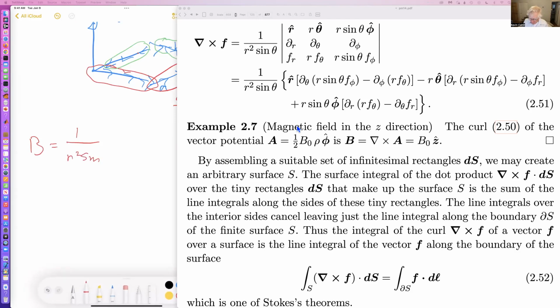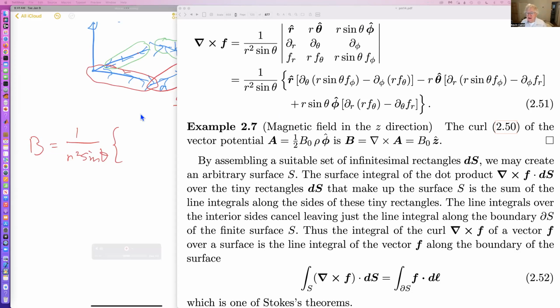1/r² sine theta. I'm doing this live, by the way. Oh, this is going to be complicated, because unfortunately this is going to give us the curl in the z direction.